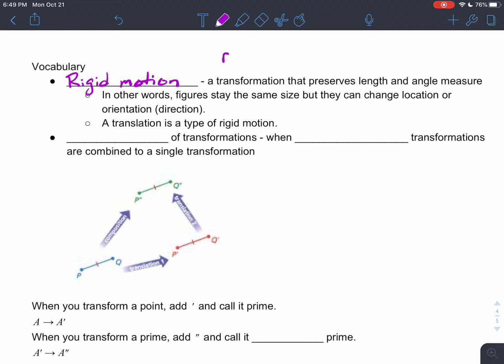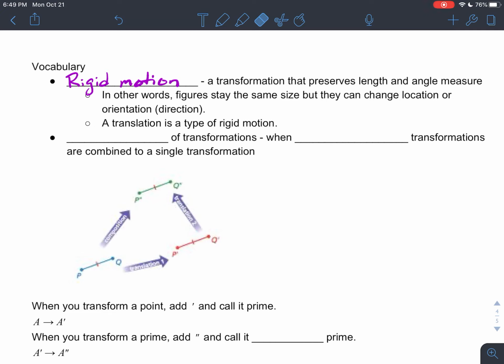And then I realized they were talking about the word ridges, like a mountain ridge. It's not the same word. The word rigid means stiff. So it's something that doesn't bend, doesn't sway. It's very stiff. It's rigid.